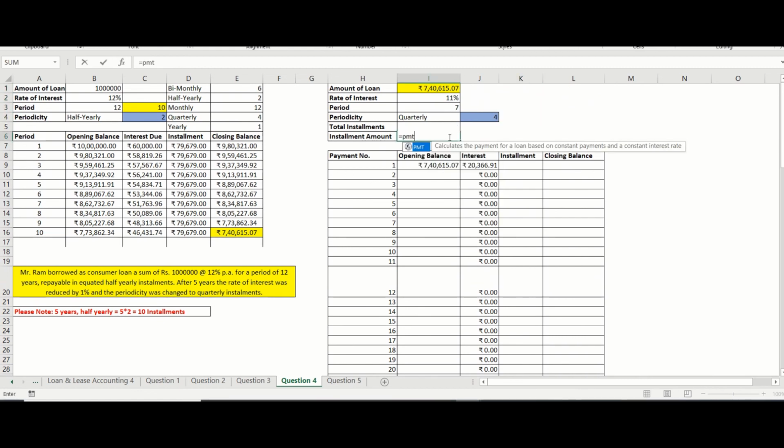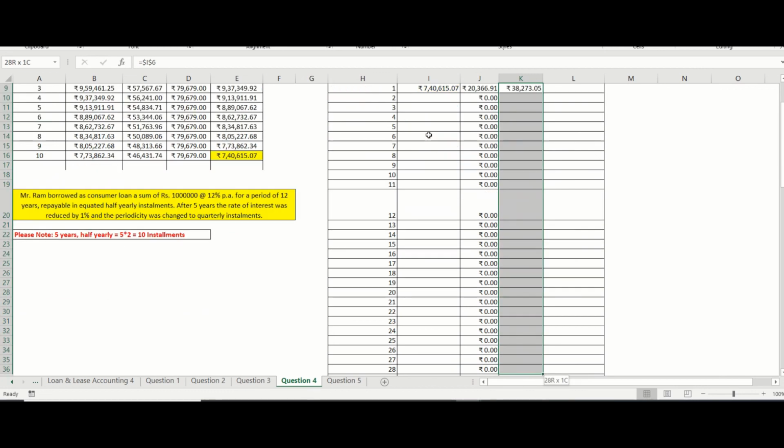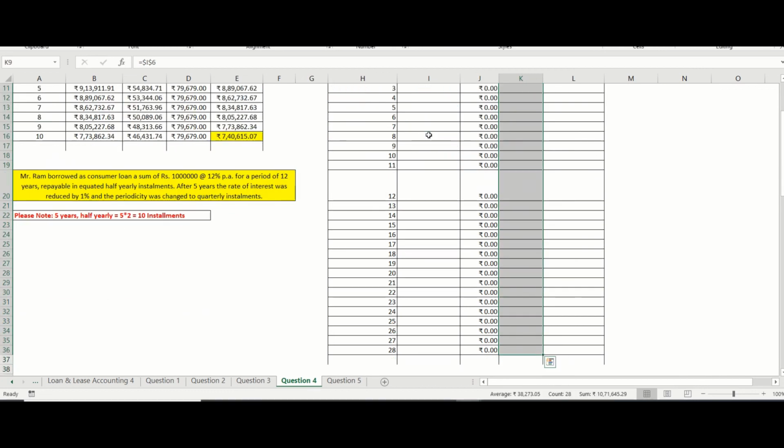Payment function, right? My rate is 11% divided by my periodicity. What is my NPER? It is the total number of installments. My present value is minus this one. Enter. I got this. Here I will just copy that cell and fix it. Now we will directly drag this till the 28th installment.